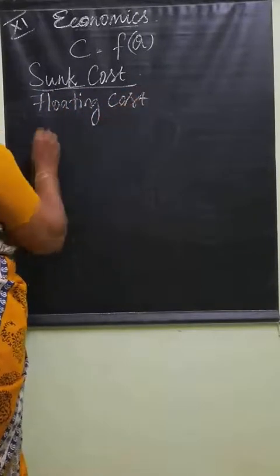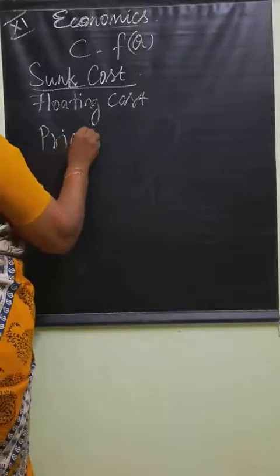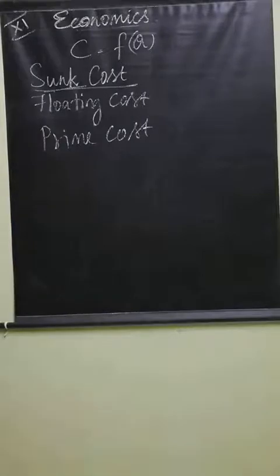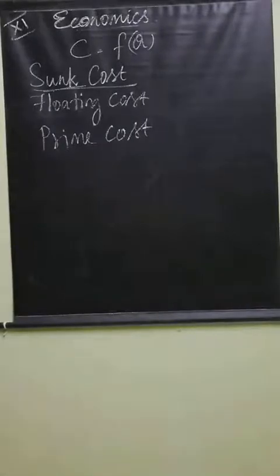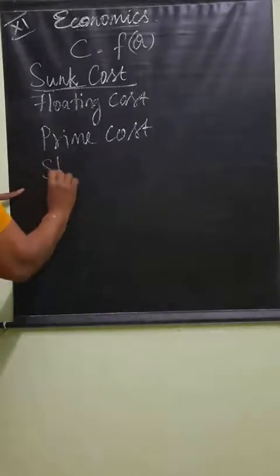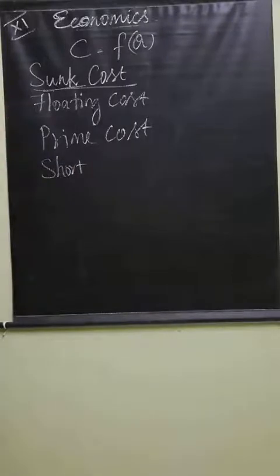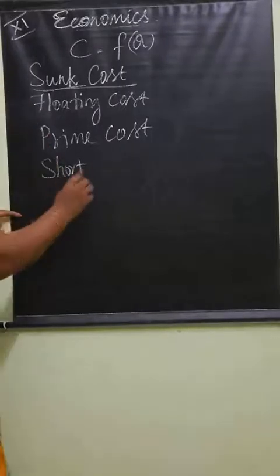And the next one is prime cost. Prime cost varies with output, with all the cost of administration. So the cost which includes all the expenses of administration.